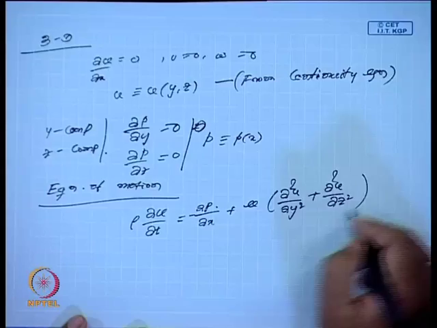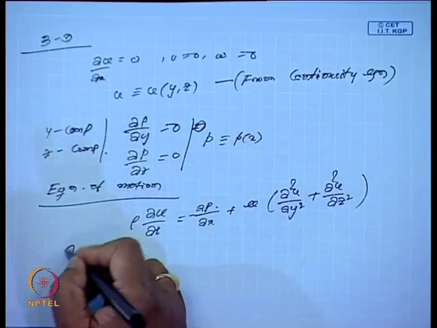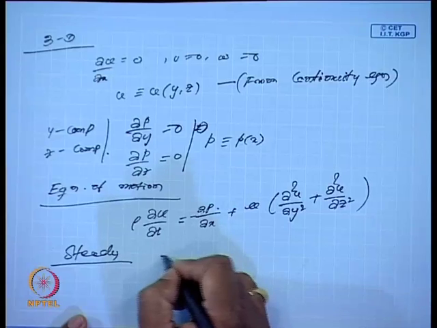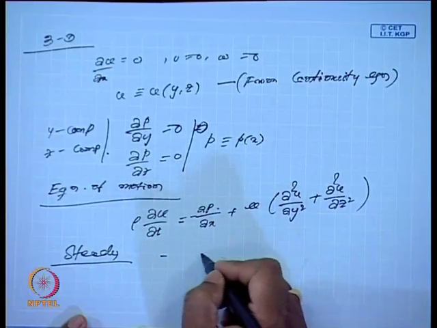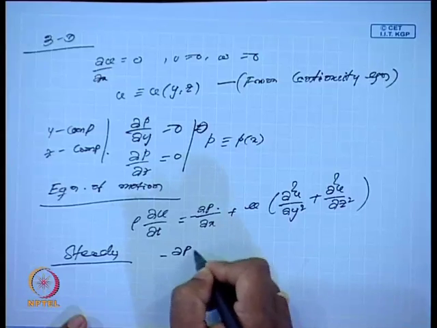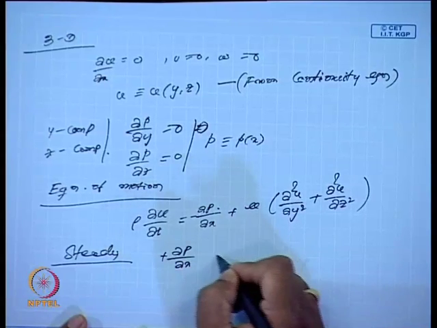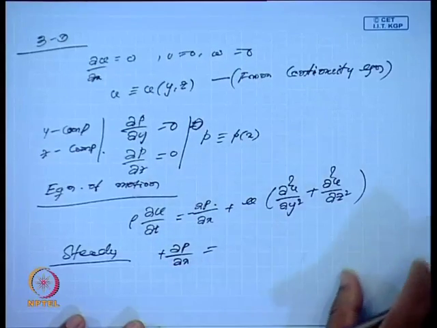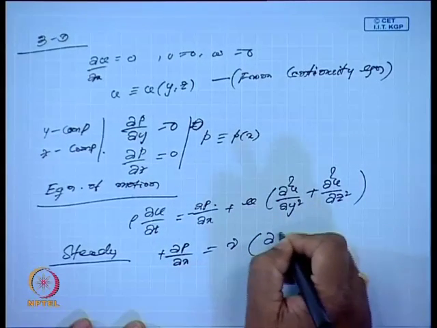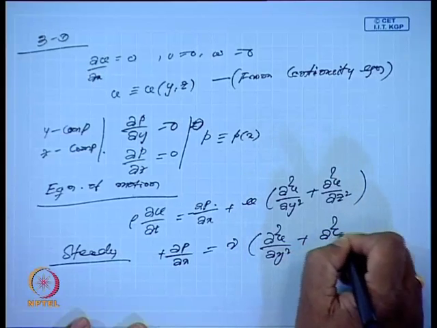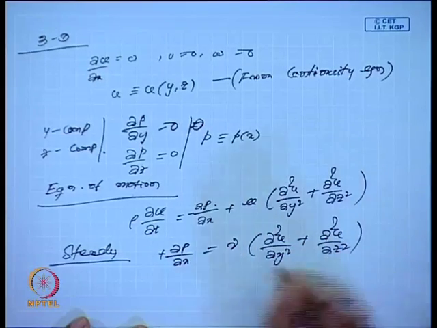So, the x component does not come into the picture, and when the motion is steady, this term will be 0. So, that will give us del p by del x equal to mu by rho, that is nu, times del square u by del y square plus del square u by del z square.